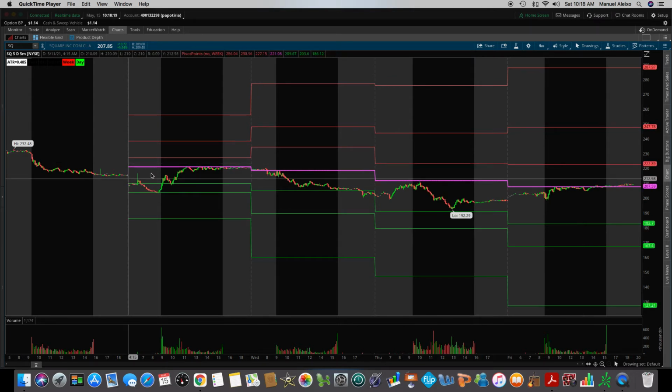So this is a 5-minute, 5-day chart. This was Friday here, and this dark black color here. The gray areas are my pre-market and after hours. But the purple line that you see here, and I hope you guys can see this, this is the pivot point.